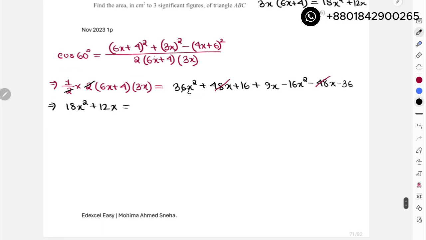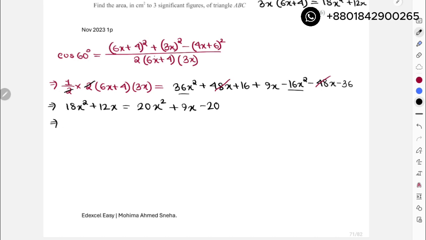Then again you have 36 minus 16, that leaves you with 20x square actually, plus 9x, and 16 minus 36, that is minus 20.